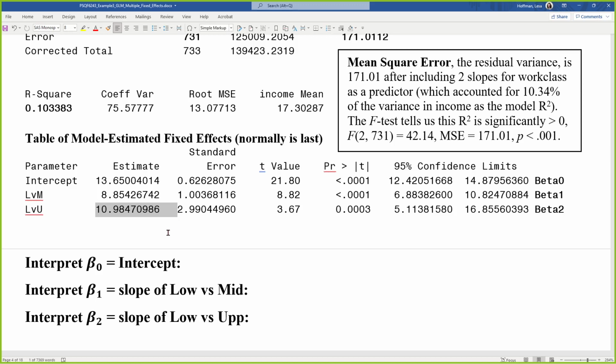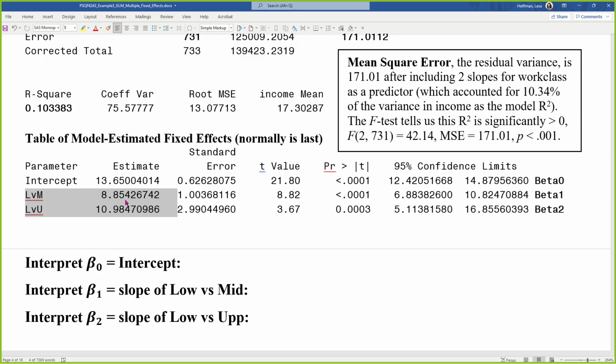It is not. But I know that if the middle group is different by 8.8 and the upper group is different by 10.98, I can subtract the two and figure that out. Yeah, subtract middle from upper. But I might want to know not only what is the difference, but is that difference also significant? And I need a standard error for that.